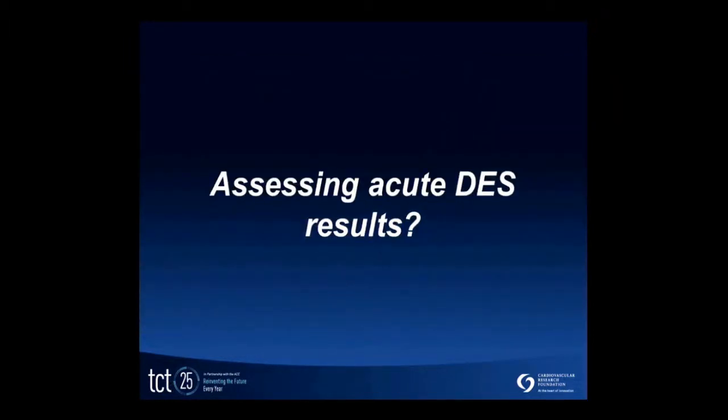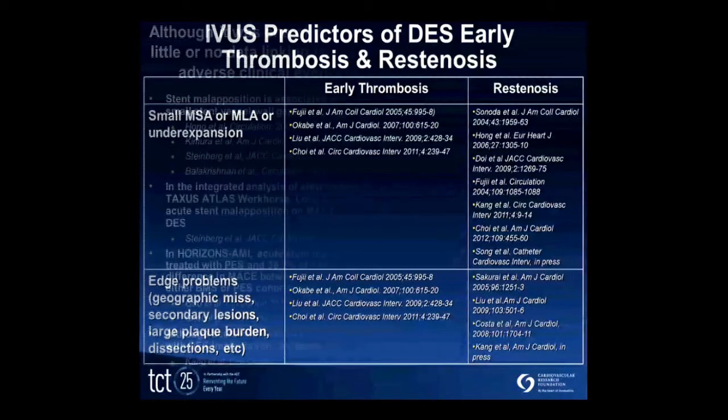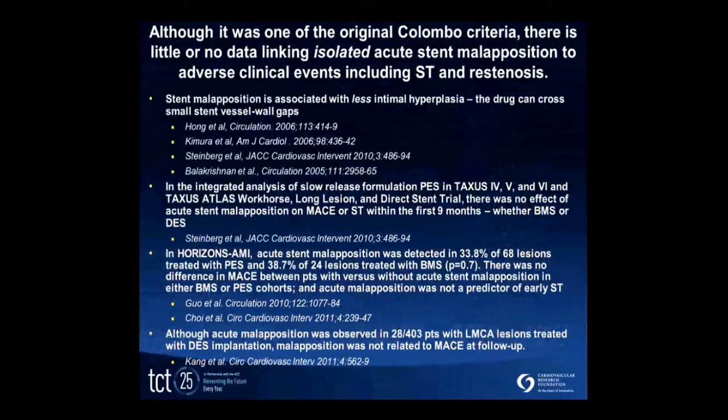To assess acute DES results, we have a ton of data, mostly from IVUS. These are all the studies looking at predictors of early DES thrombosis or restenosis, which are two: underexpansion and edge problems. This emphasis on malapposition has to stop because acute malapposition does not lead to adverse clinical events.